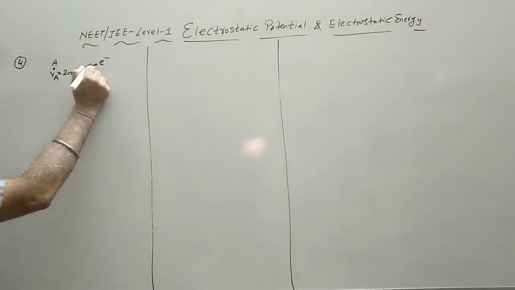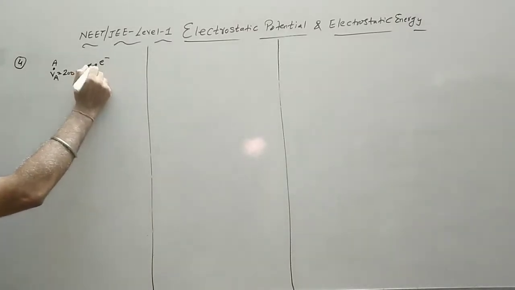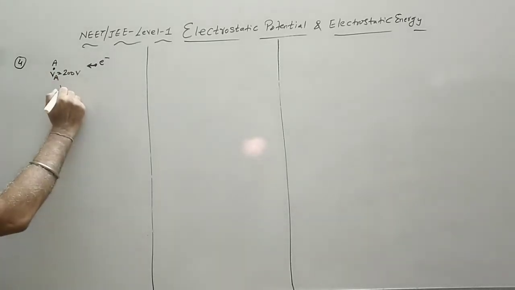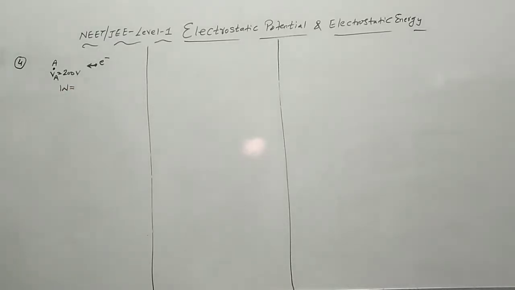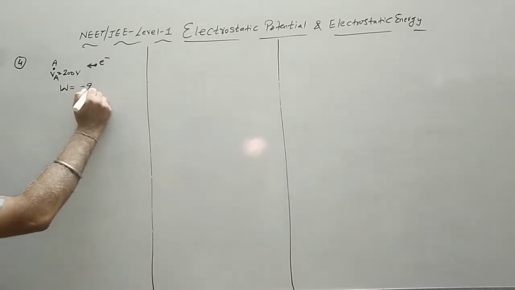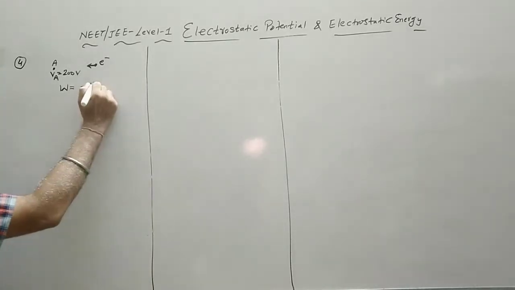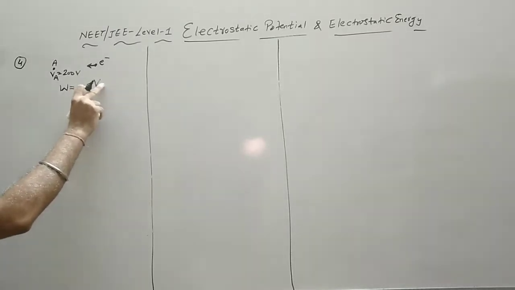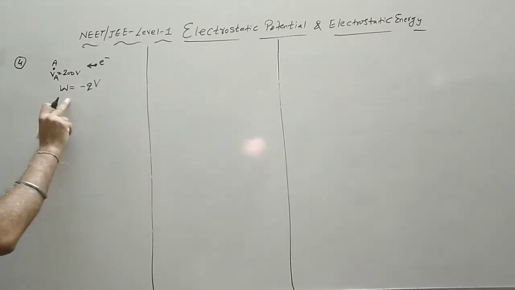So this will be the work done by the field. And if the work has to be done against the field, it becomes minus q into V, that is our formula. So this is the work done by the field. Otherwise, if you remember, the potential was defined as work done per unit charge.